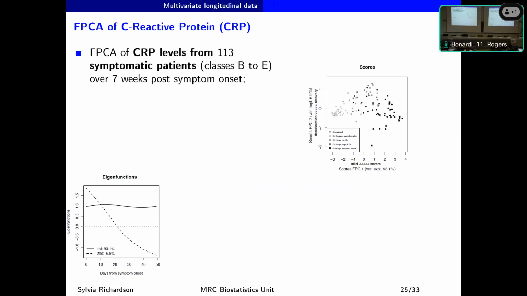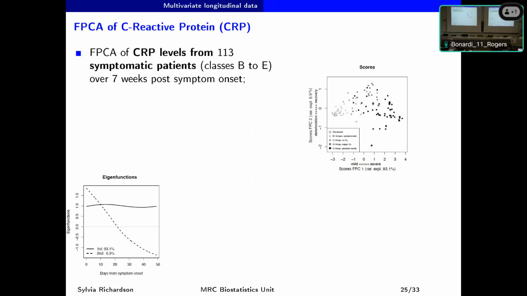So, jumping from math to biology, just to give you an idea of what happens if you monitor one biomarker of inflammation, C-reactive protein, which is the most used marker of inflammation.